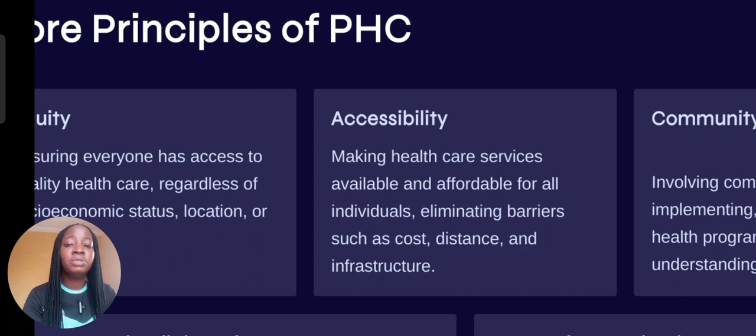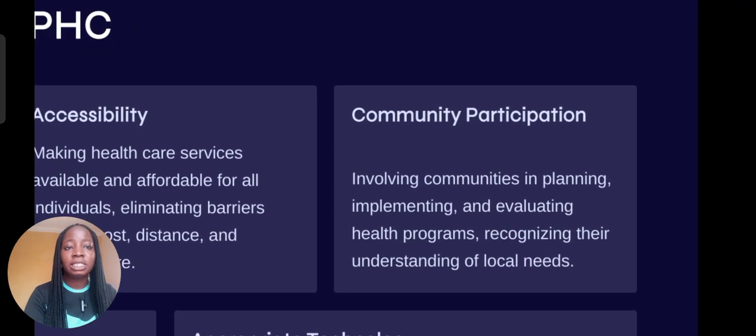So it involves eliminating barriers such as cost, making it cheap, eliminating distance problems, making sure that it's everywhere. You don't have to go to a far place to access these services. And of course, is the infrastructure there? So it's to make the infrastructure available and accessible as well.